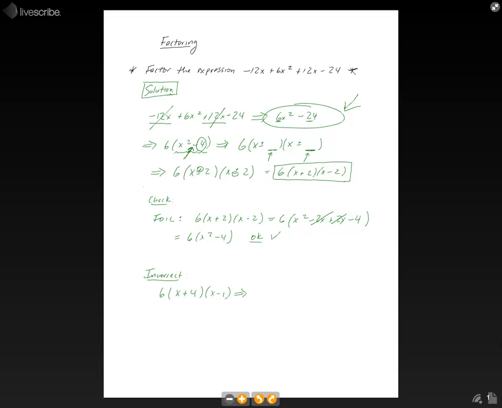Well, if we use FOIL to multiply it out, that gives us 6 times x squared minus x plus 4x minus 4. Simplify that a little bit, and it gives us 6 times x squared plus 3x minus 4. Well, this is not the same as our original expression, 6x squared minus 24. So that tells you these factors would be wrong. x plus 4 and x minus 1 would not be correct.